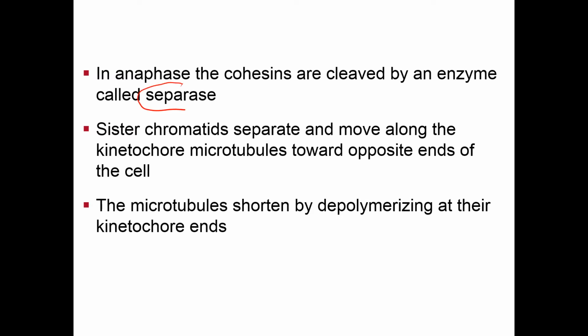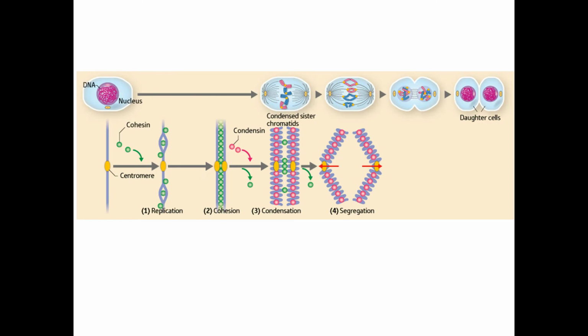There's an enzyme called separase that basically removes these cohesin proteins so that your sister chromatids can separate from one another, and they begin to move towards opposite ends of the cell. So here that's what's taking place. Your cohesin proteins are being cleaved, being removed, so that your individual sister chromatids separate. So now you end up with individual chromosomes.